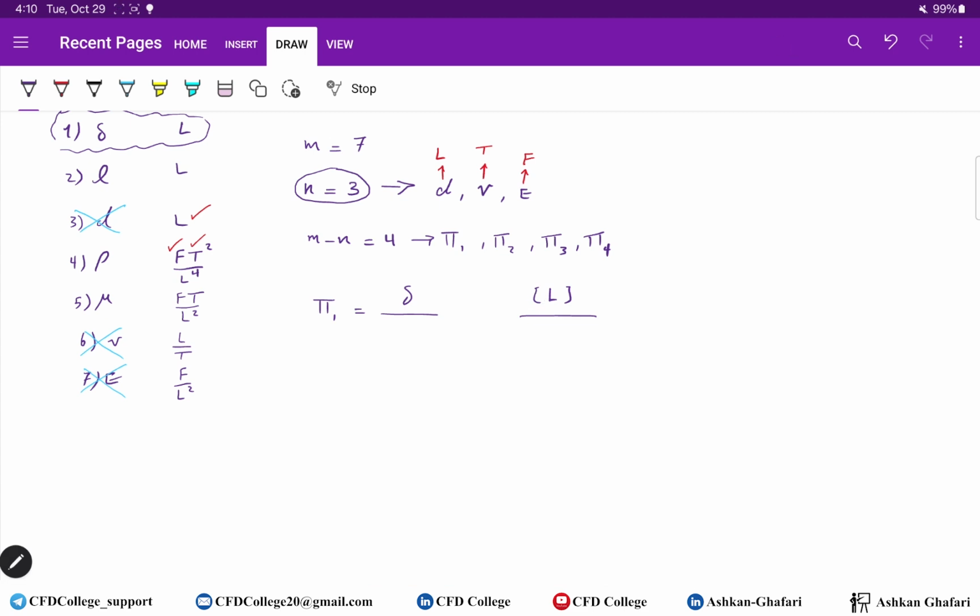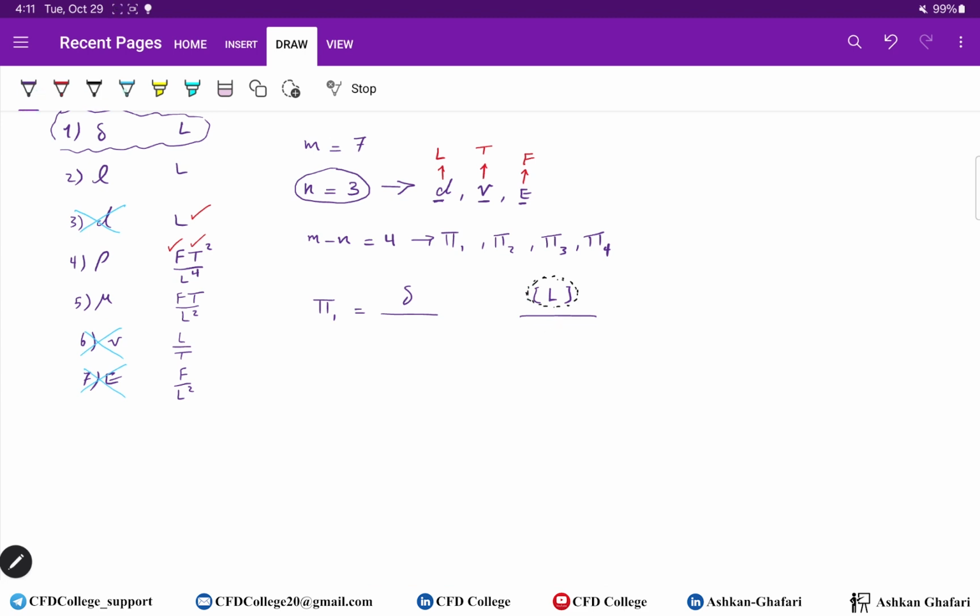In the denominator, we have to pick one of these 3 quantities we picked to get this unit in the denominator.